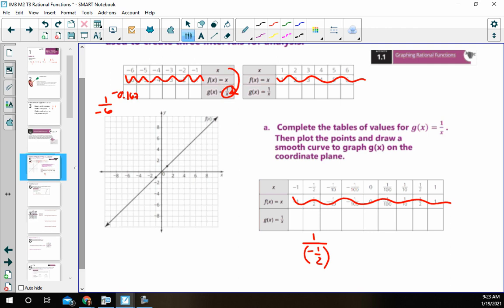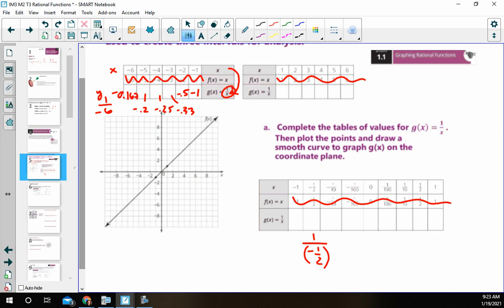All right, so if I keep going, this is -0.2. This is -0.25. This is -0.33, -0.5, -1. Now if I graph them, this is the x coordinate, this is the y.